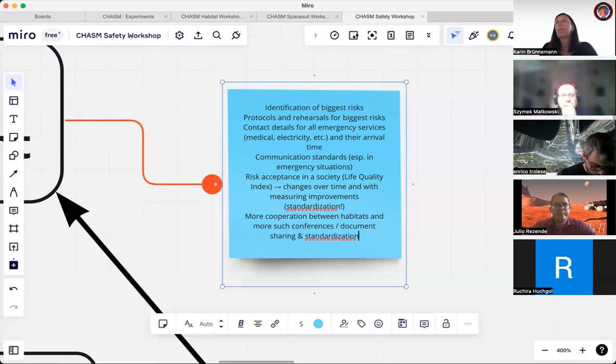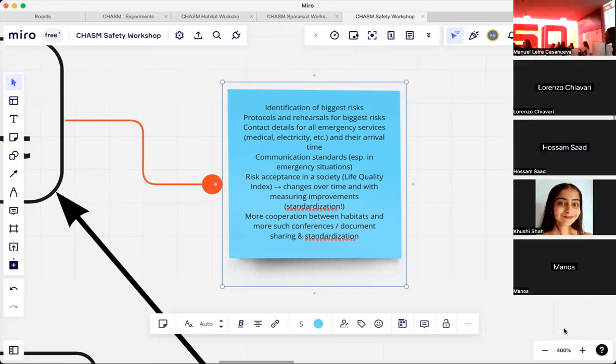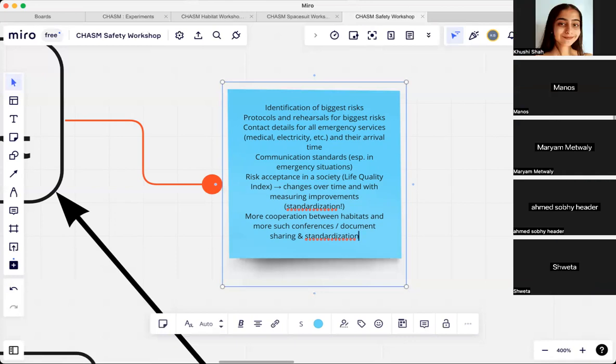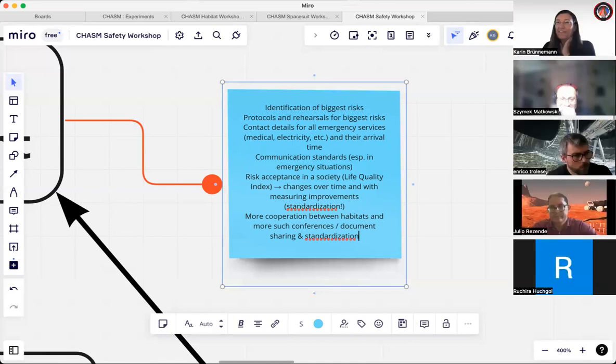I think also the WBA, the world's biggest analog that will take place in 2025 will be a good basis for that, where for the first time, different analog habitats are brought together to actually create one distributed mission, kind of simulating a settlement of Mars with different cities that have to communicate with each other, with different places where people will live on Mars, because we can't just open the door and drive over.